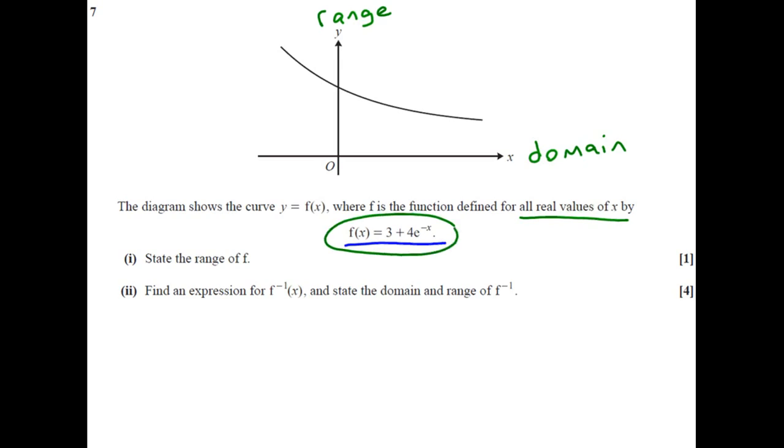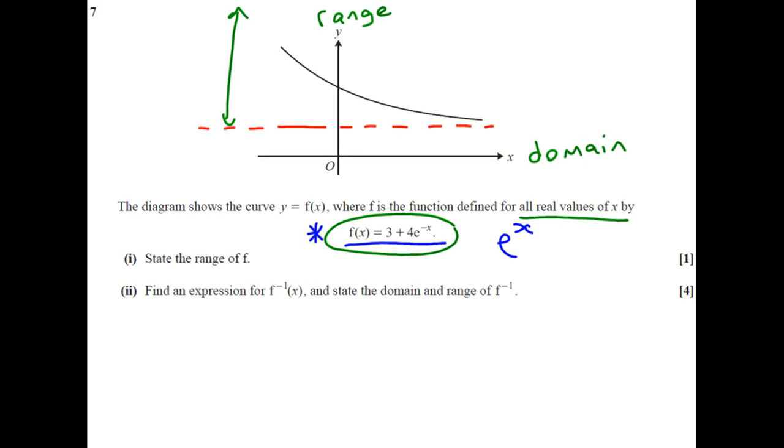If you look at the graph, we have a horizontal asymptote, so the only answers that we can get are above this line. Our challenge is to find out whereabouts that line is. If we look at the equation for f of x, we can see it's a transformation of e to the x.